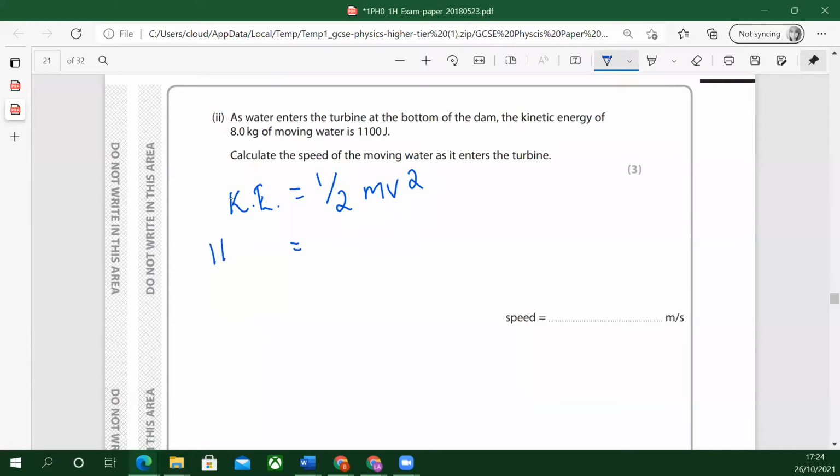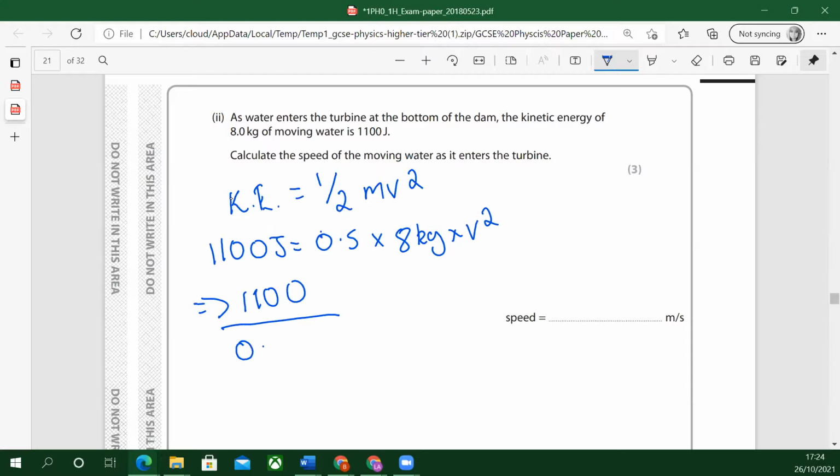Again, we've actually got the energy. I'm going to write half as 0.5 just to show it's a number. 8 kilograms, we've got a different amount. V squared. So the first thing, rearrange: 1100 over 0.5 times 8 is equal to V squared.